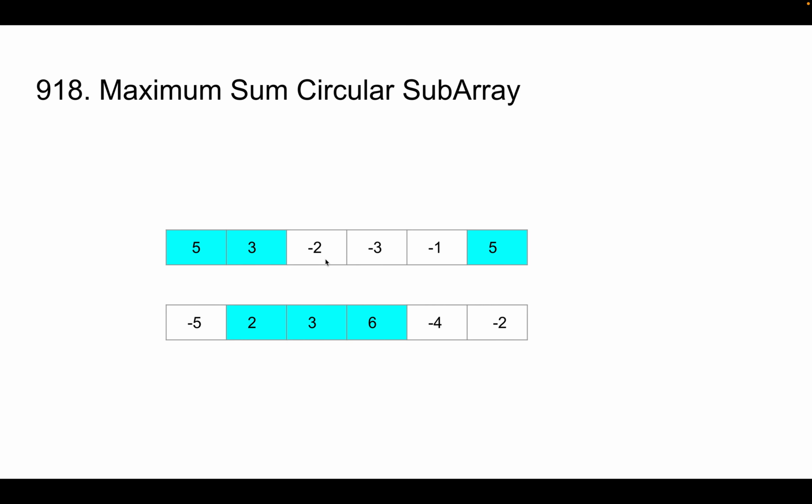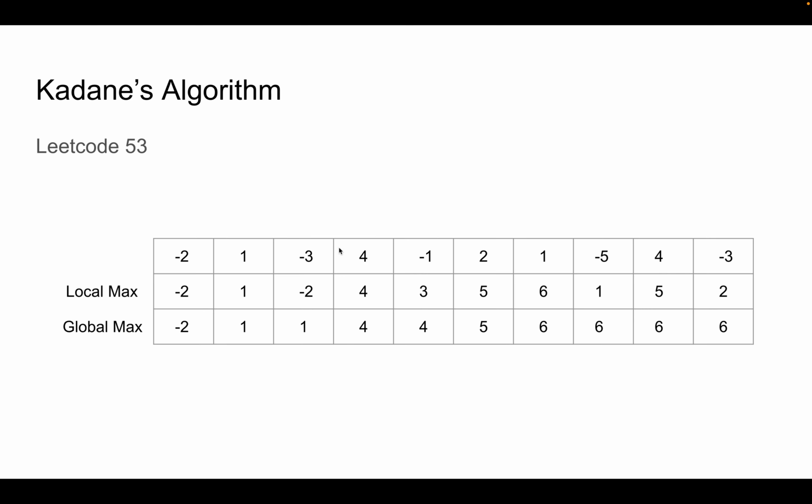In the first example, it is equal to the sum of the array minus whatever the minimum subarray sum is, that is -6 in this case. So whatever sum you get, that will be the answer.